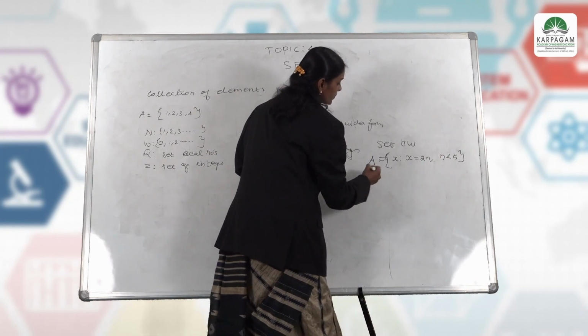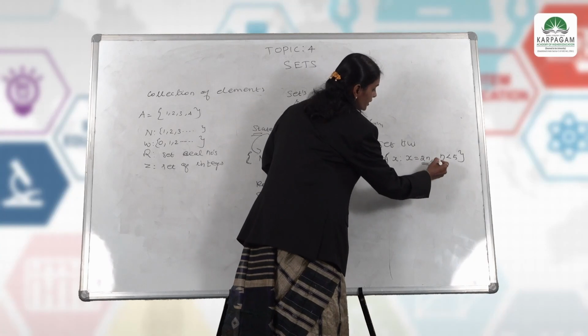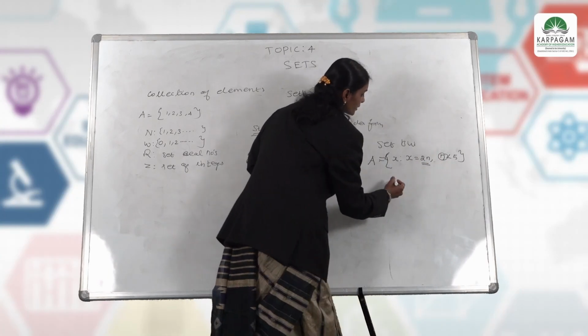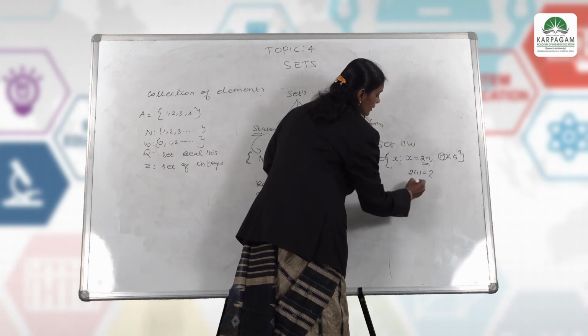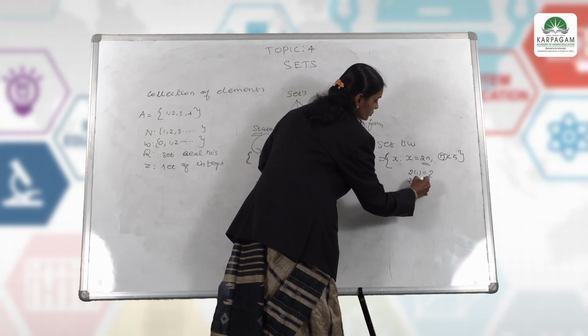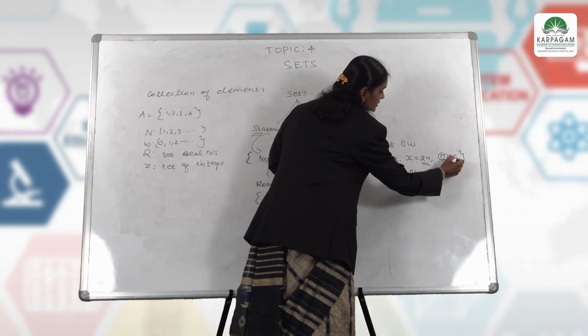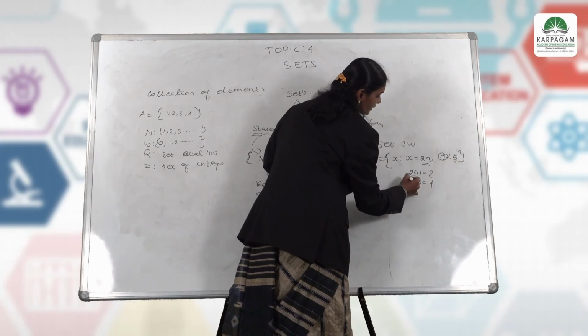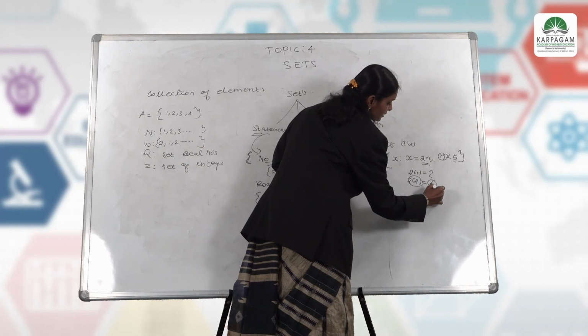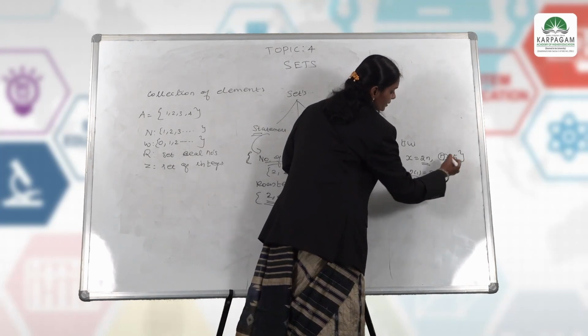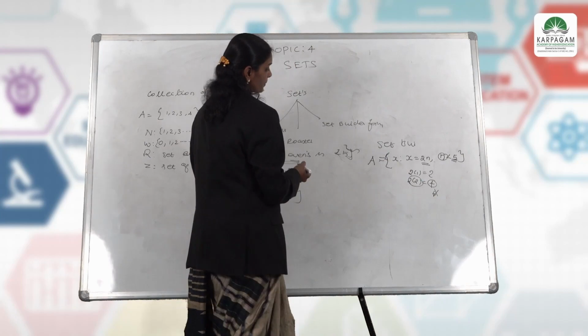This represents the same meaning: x should be 2n. Taking n = 1, we get 2 into 1, which is 2. For n = 2, we get 2 into 2, which is 4, which is less than 5. So we take only 2 and 4. If we get 6, it is not possible because we consider only below 5. This is called the set builder form.